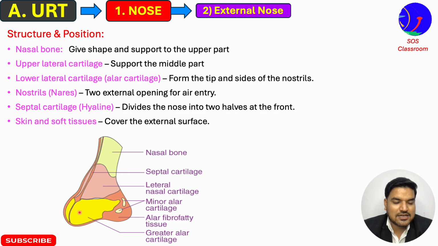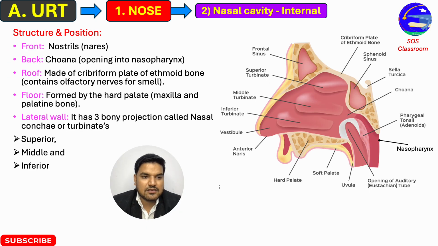First is the greater part, called the greater alar cartilage. And next you can see the minor alar cartilage. Next you can see this tissue, called alar fibrofatty tissue, and skin and soft tissue cover the nose area. So these are the parts of the external nose.